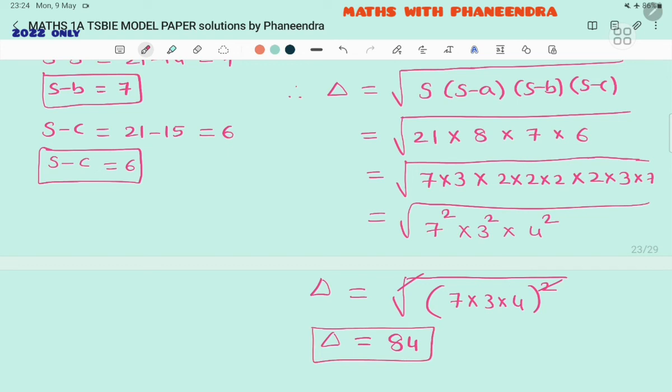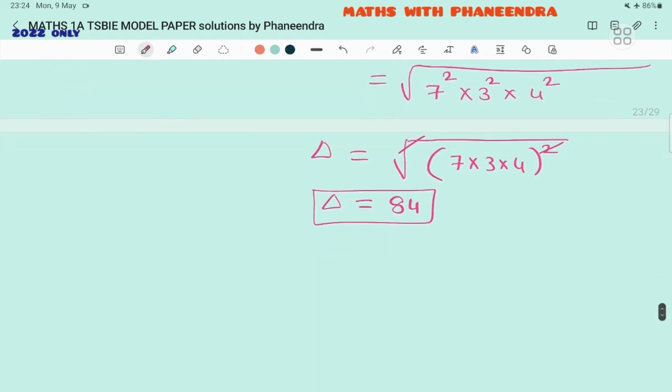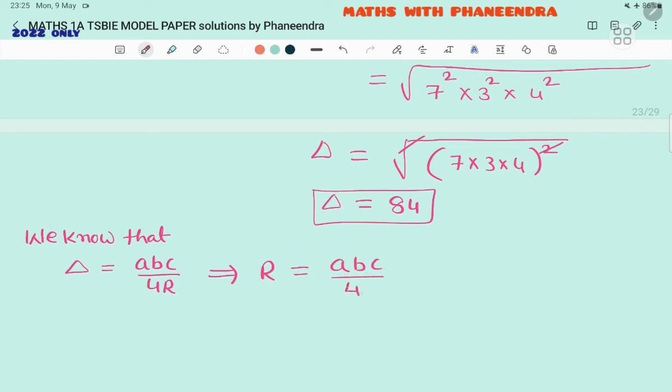After getting the delta value, first they are asking to prove capital R. We know the formula: delta is equal to abc by 4R. That is one of the important formulas. But from this I want capital R. Capital R is equal to abc by 4 delta.